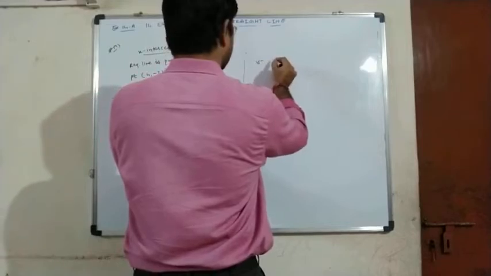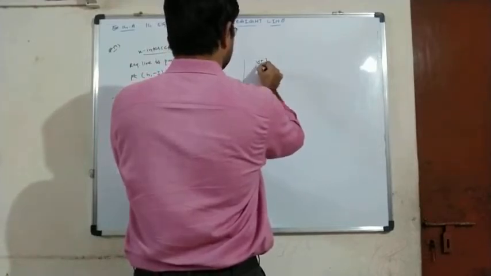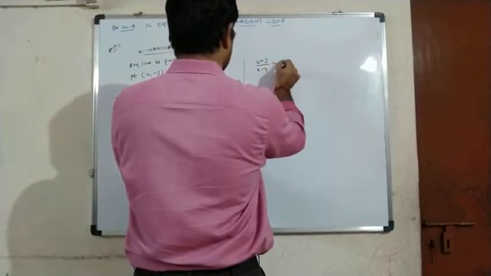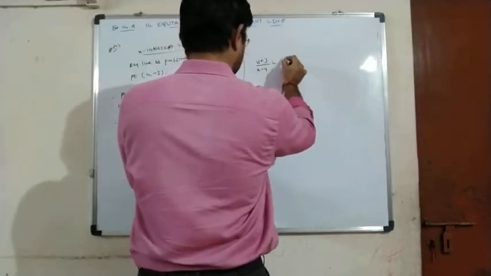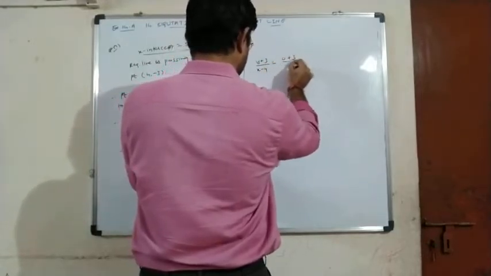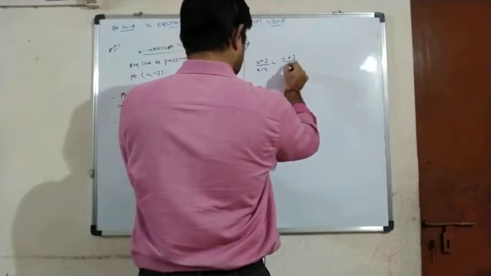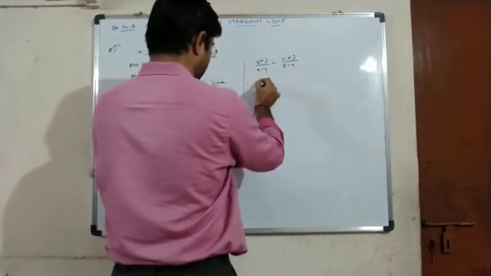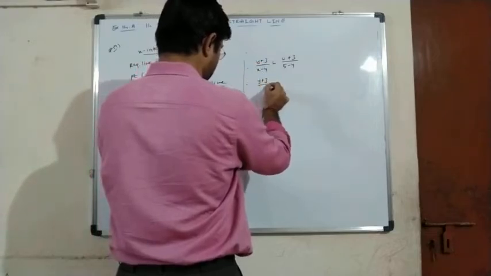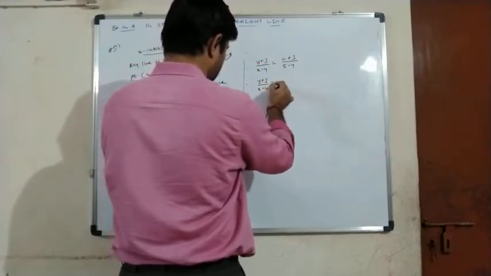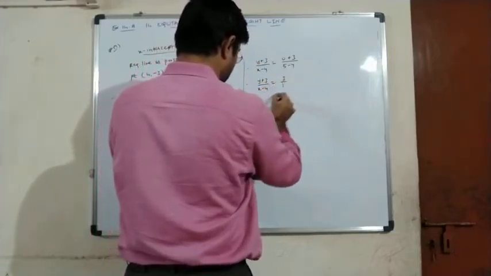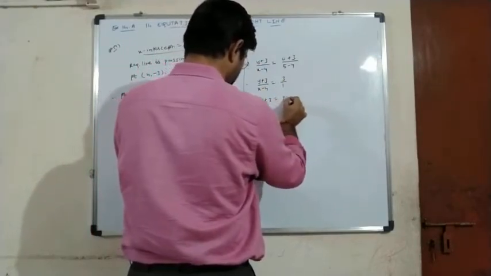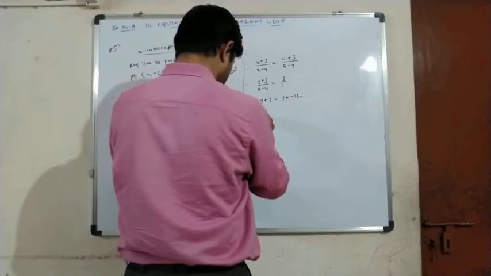y - y1 is -3, so minus minus plus 3, so (y + 3)/(x - 4) = (0 + 3)/(5 - 4). Let us simplify. (y + 3)/(x - 4) = 3/1. Therefore y + 3 = 3x - 12.